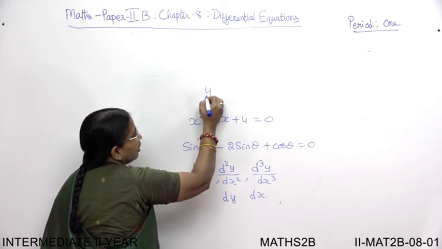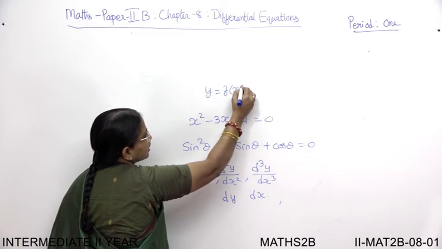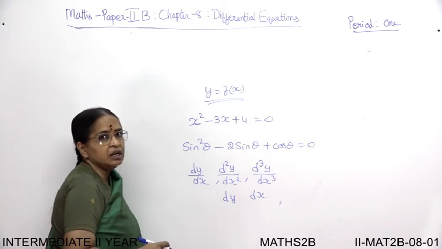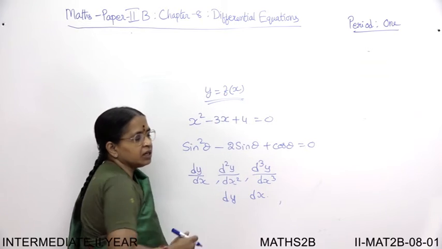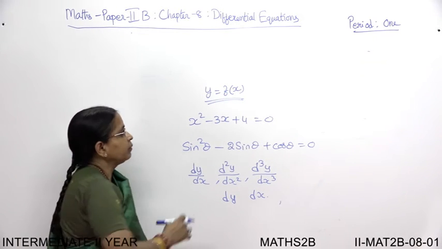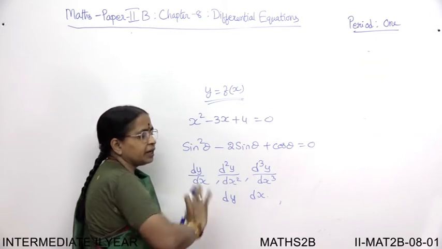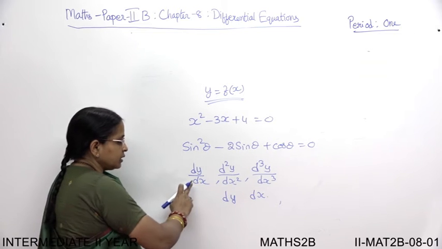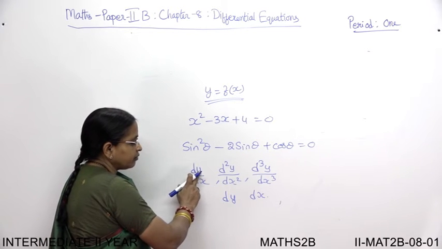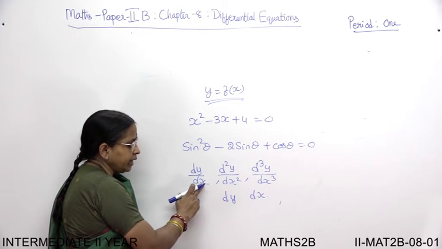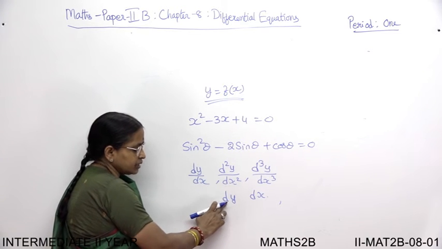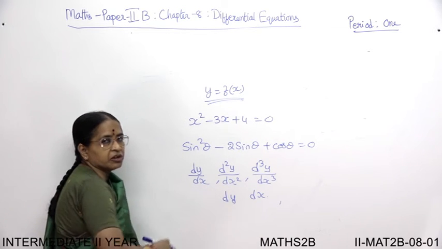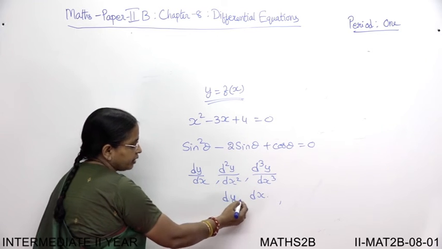Suppose you have a function y is equal to f of x. This x is called the independent variable and y is called the dependent variable. y is depending on x. x can take any values. So these are the derivatives of the dependent variable in terms of the independent variable x. And these are the differentials of the independent variable, dependent variable, and so on.